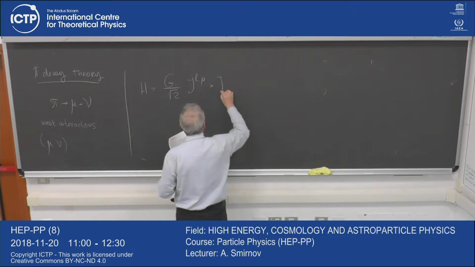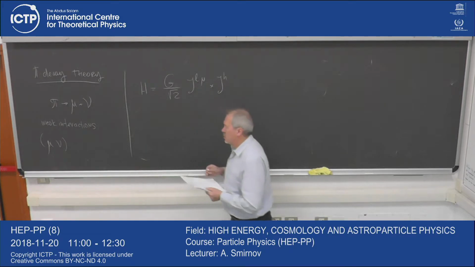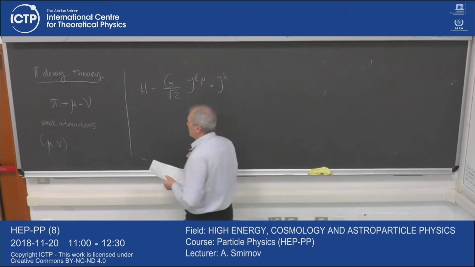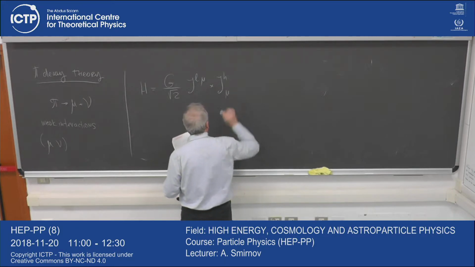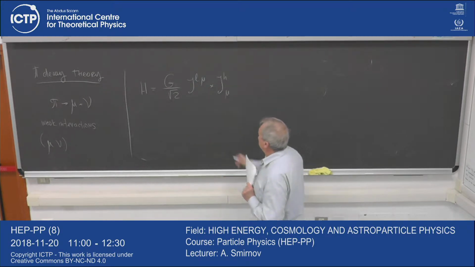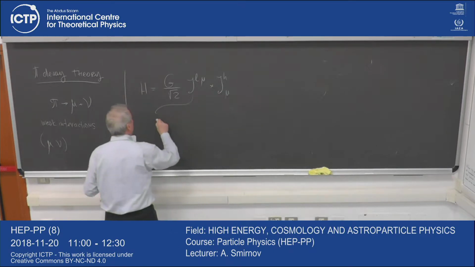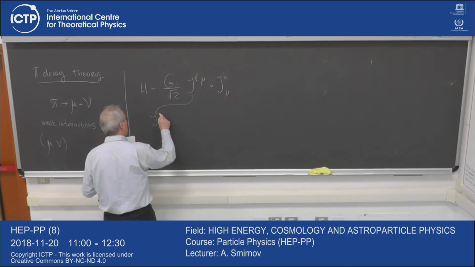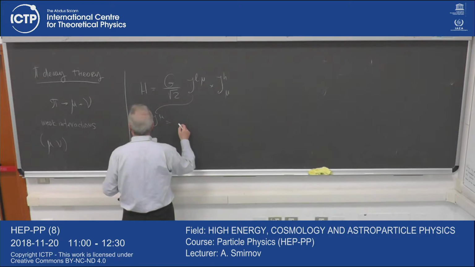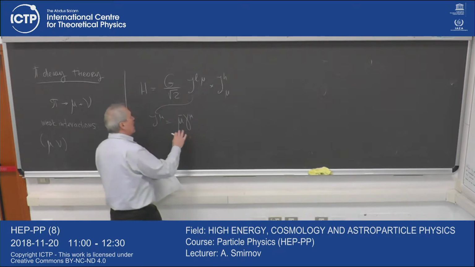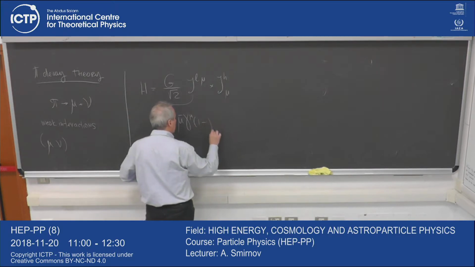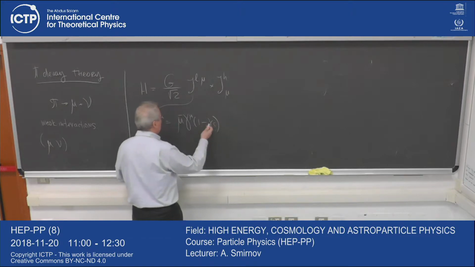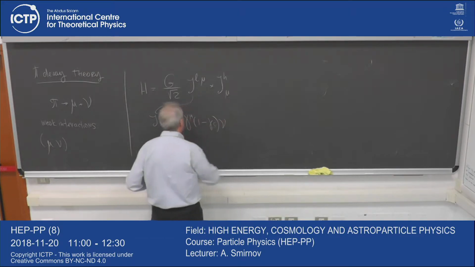I multiply it by another current, which I call the hadron current, related to this pi, which, being strongly interacting, is like a Yukawa coupling object. I assume it has the same Lorentz structure, because that is what was finally established.